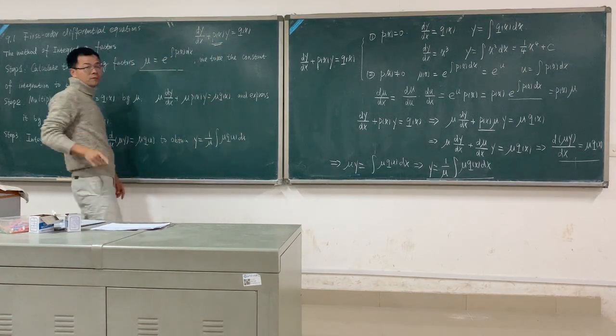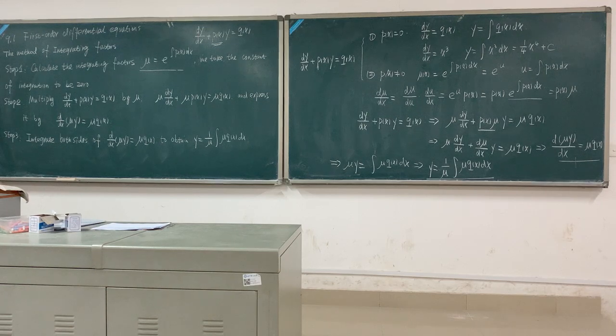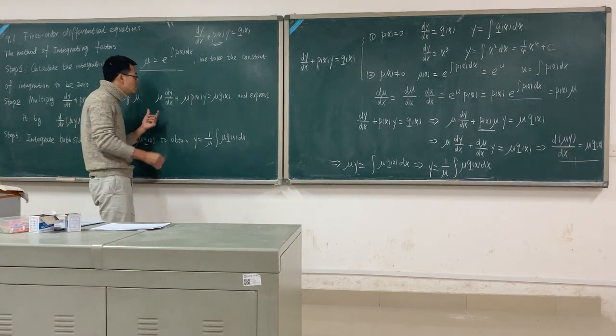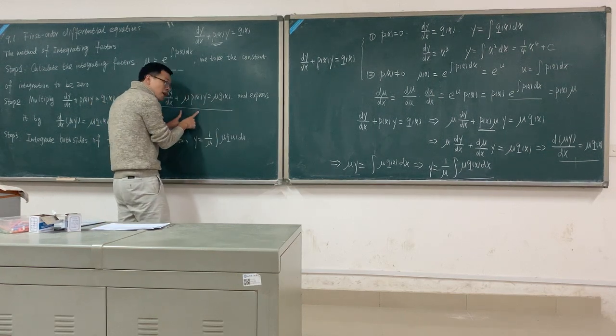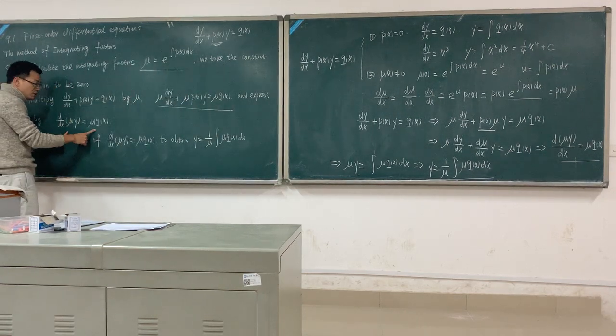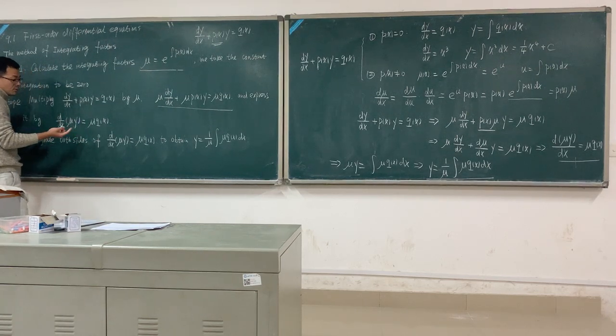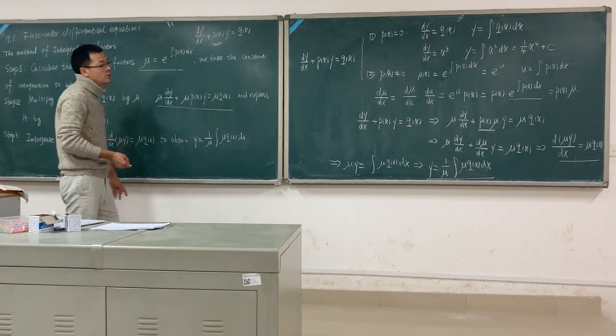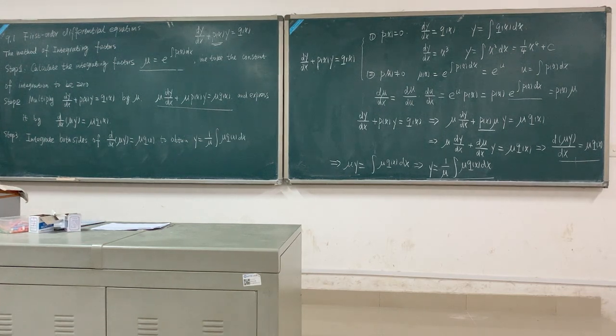The second key point is you multiply this equation on both sides by mu, and we obtain this equation and express it in this form. From here it's easy to see how to find y. You just need to integrate on both sides. So y equals 1 by mu, the antiderivative of mu q. So this is the step.